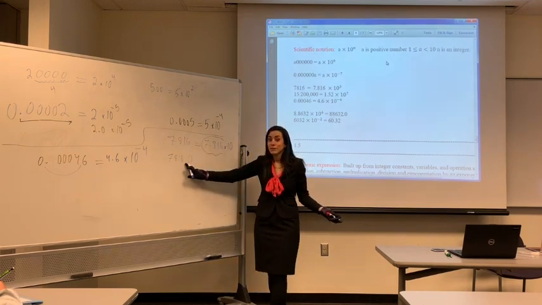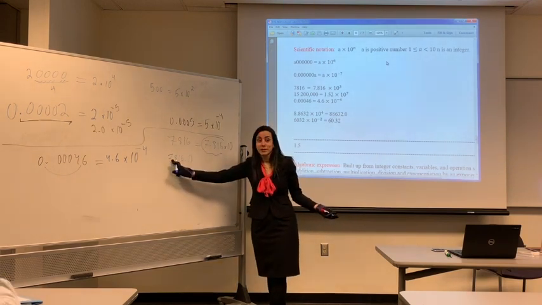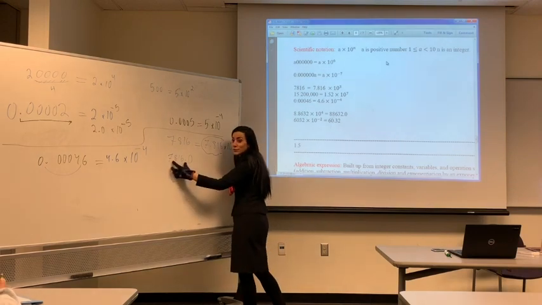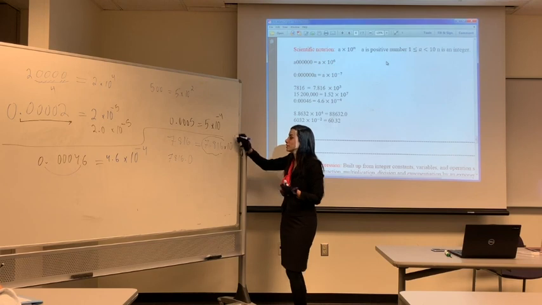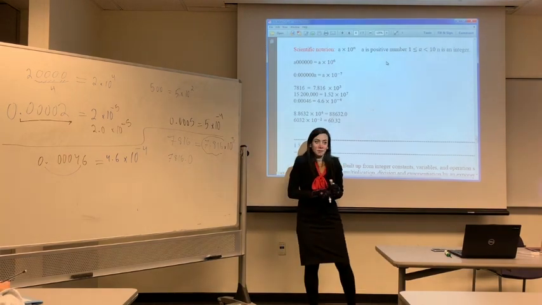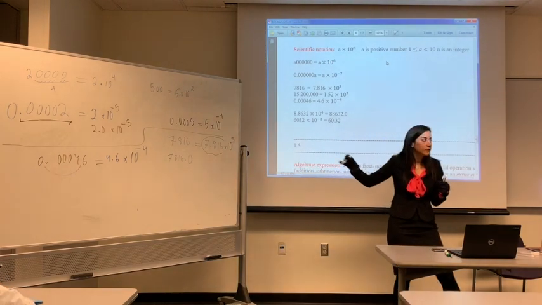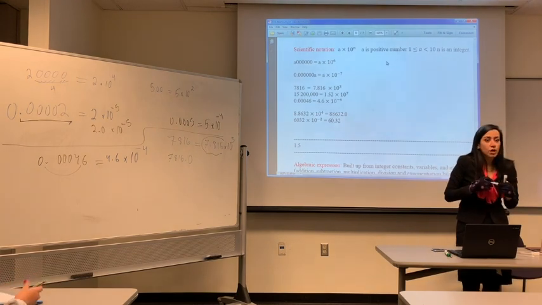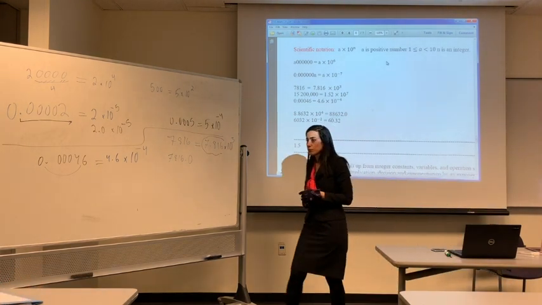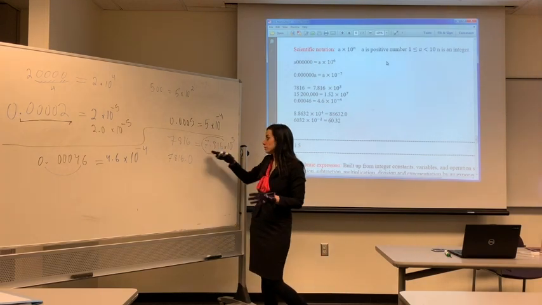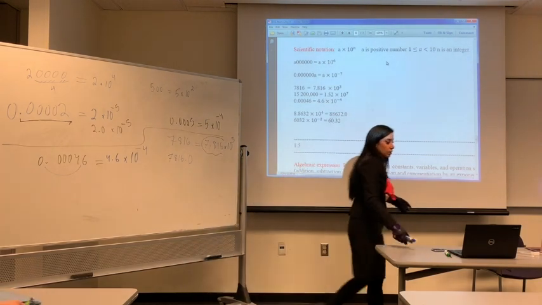And now the location of decimal is here. So how many numbers we have between these two decimals? 3. The old one. So that's why the power becomes 3. So this is the kind of most difficult exam. But if you understand the concept, you will not have any problem to make everything like scientific notation.